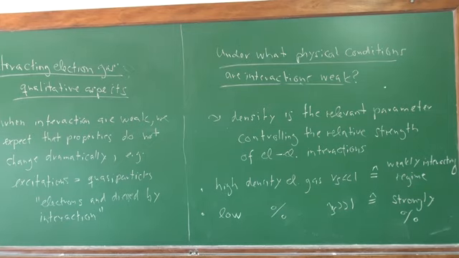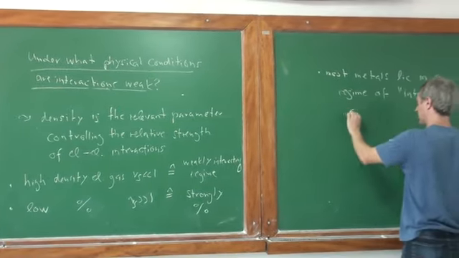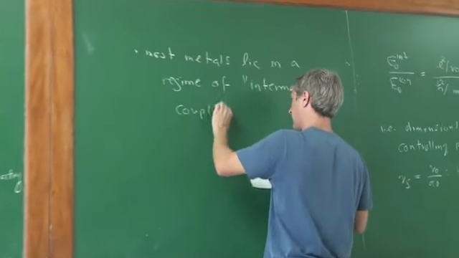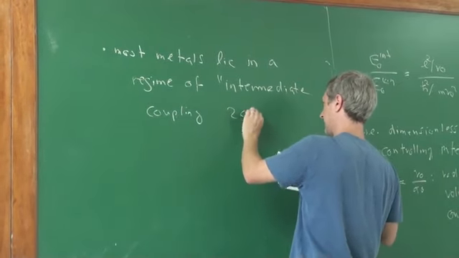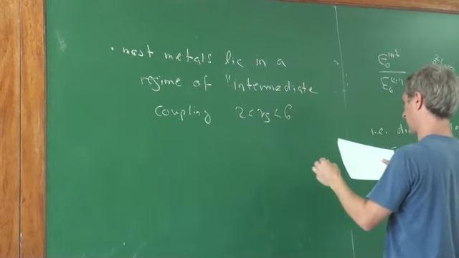And then one finds that most metals actually lie in a regime of what's called intermediate coupling, where you're not in either of the two cases, where typical values of rs are say between 2 and 6, intermediate coupling.